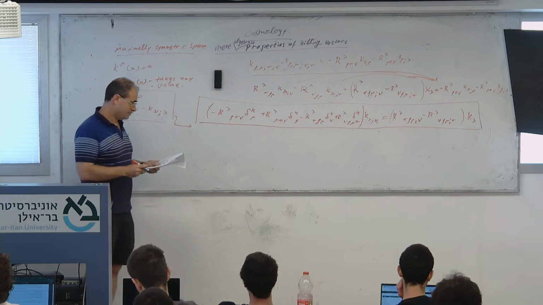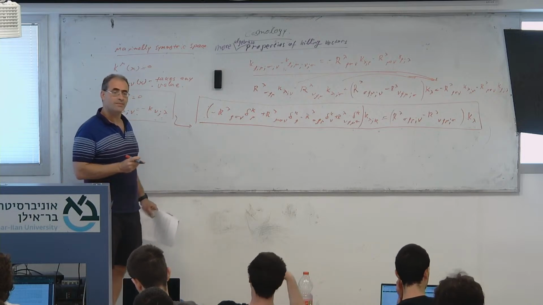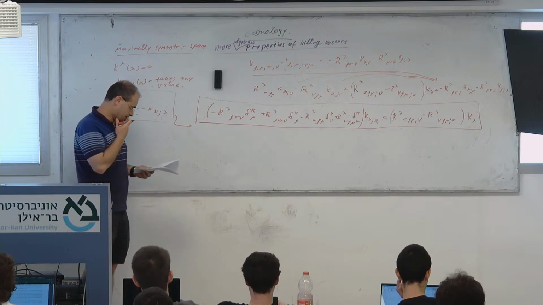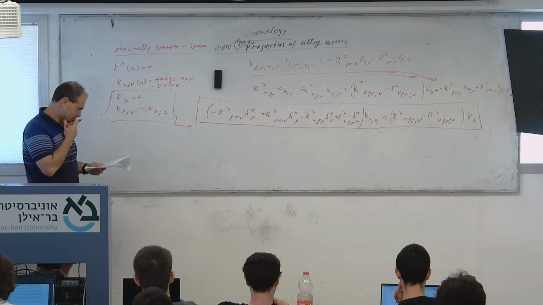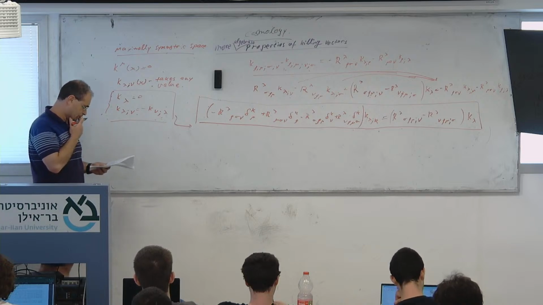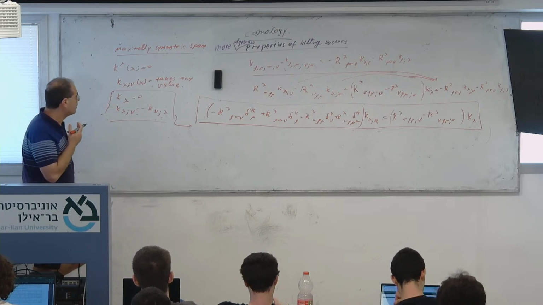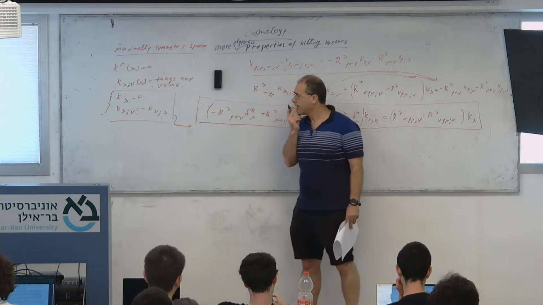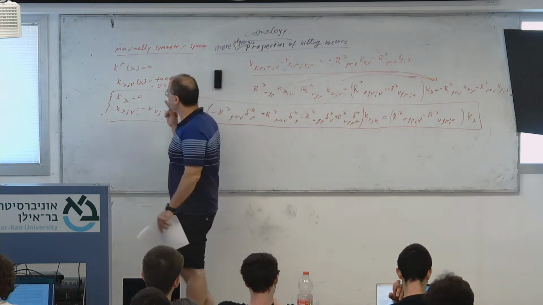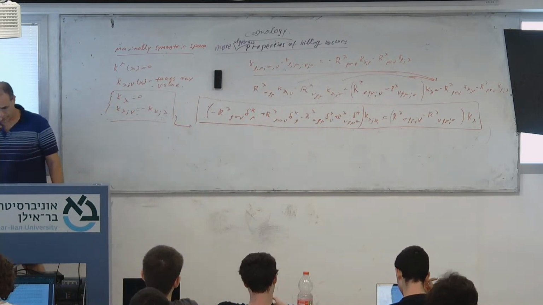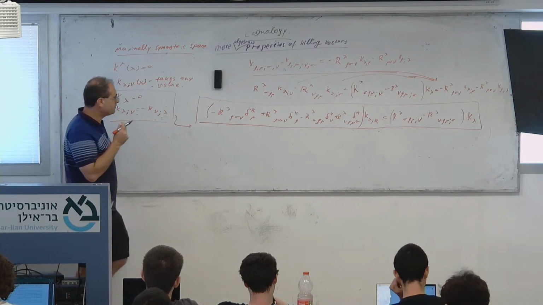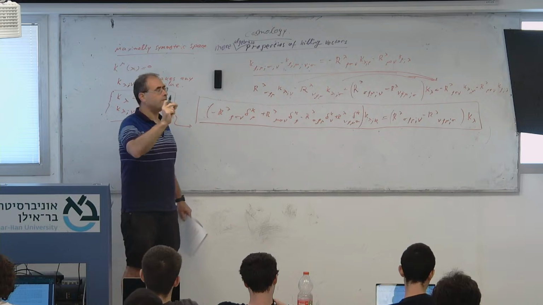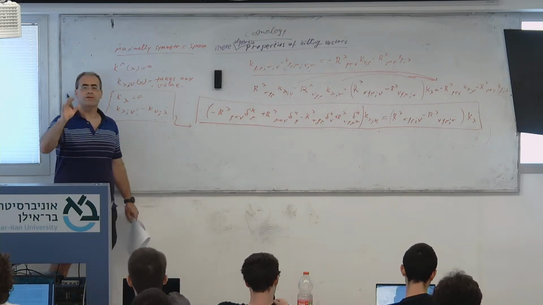Now, how to get to that k mu equals 0? If I'm at a certain point x and I'm doing an isometry, it is not changed. Maybe this is confusing. Think of it as a rotation.